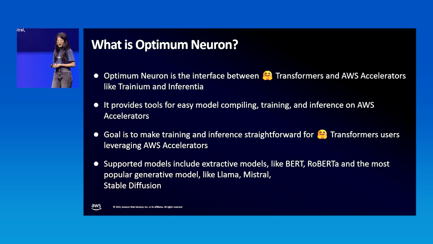And in terms of coverage, today we already support a wide range of machine learning models, including the most classic NLP models like BERT, RoBERTa, and sentence transformers. We also support vision models and audio models like Wav2Vec2. We also support, of course, the popular latest large language models like Llama and Mistral.